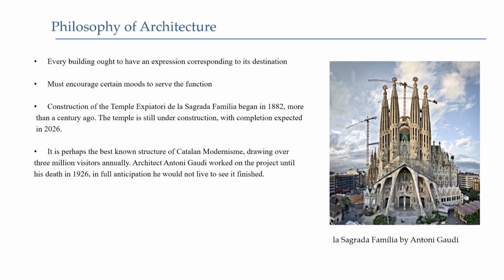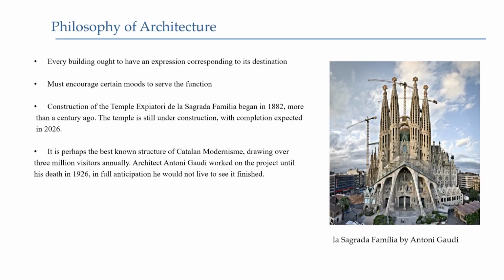Or if you visit, say, a stadium, a sports structure, then it should make people feel energetic, make people feel excited to do physical acts. Similarly, if someone goes to a place of worship, he or she should feel solemn, feel the presence of God, and feel that grandness of God and his intentions, and so on and so forth.